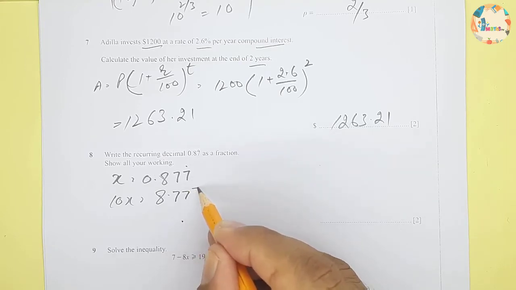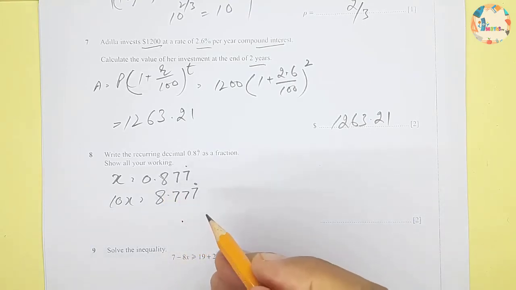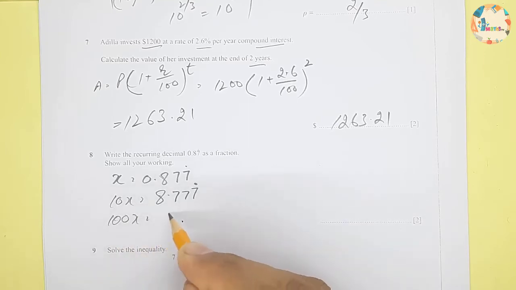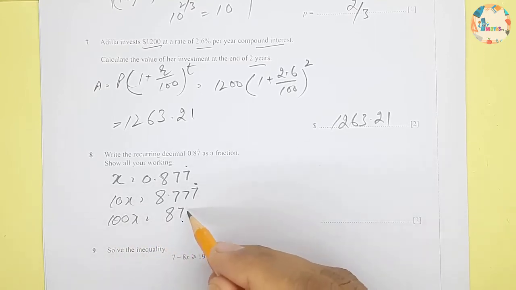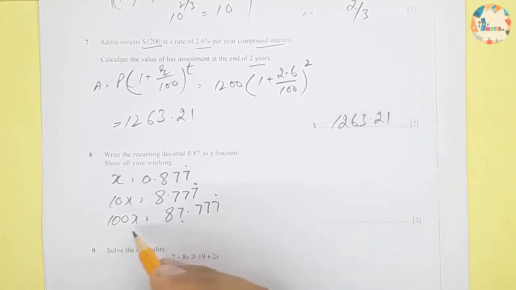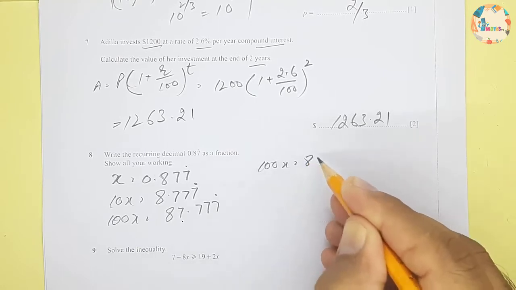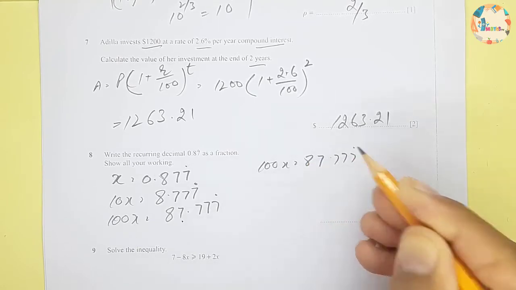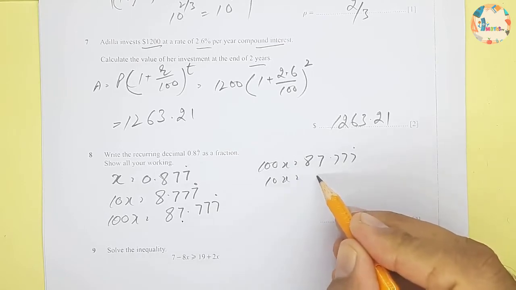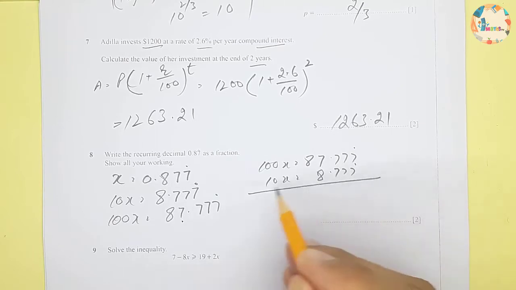And then we can write 100x will be equal to 87.777 recurring, and 10x will be equal to 8.777 recurring, and we will subtract.